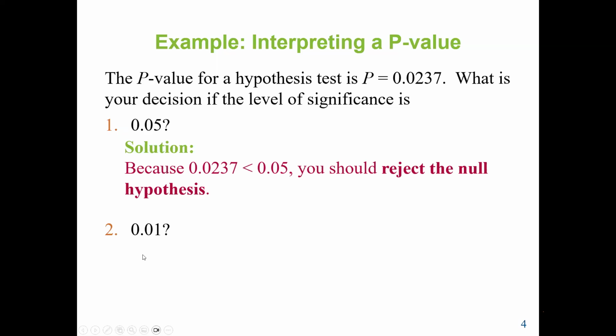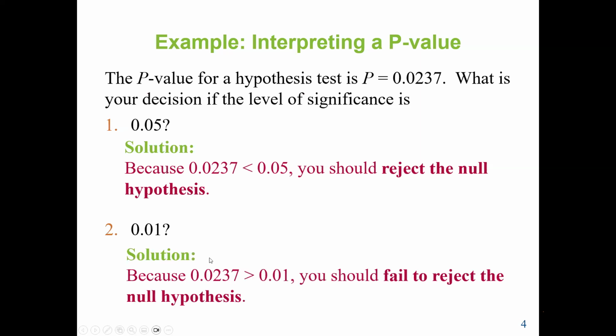Second question, what if it's 0.01? 0.01 is less than 0.0237. So now we say we will fail to reject H0. Why? Because our p-value is greater than the level of significance, which this time is 0.01.